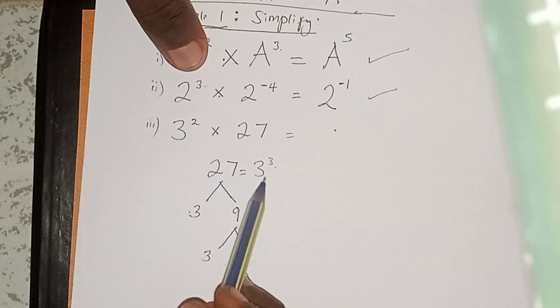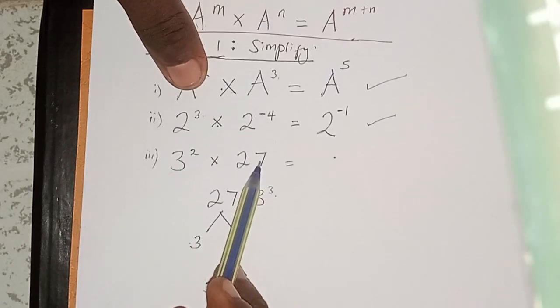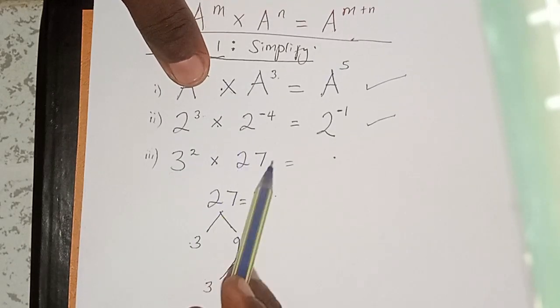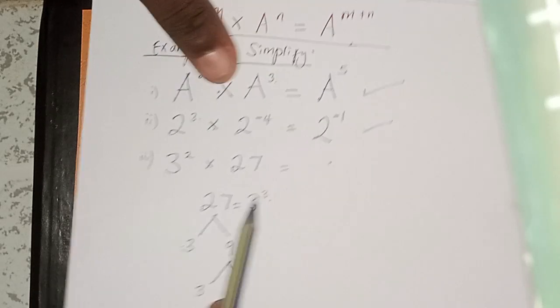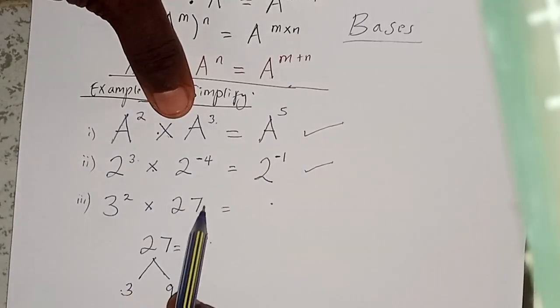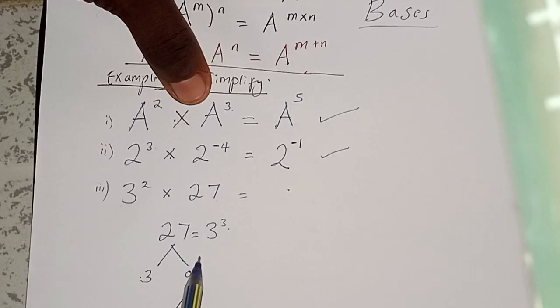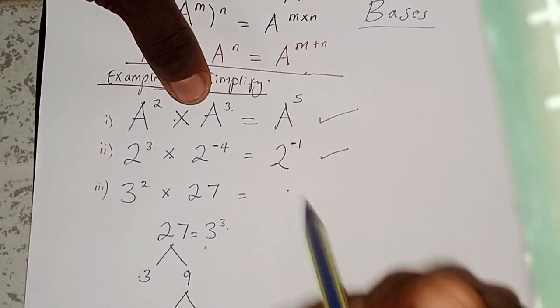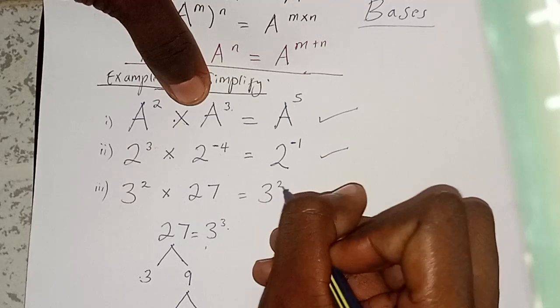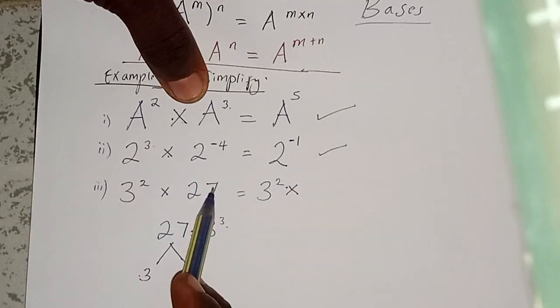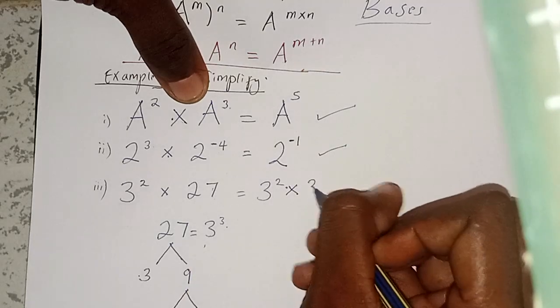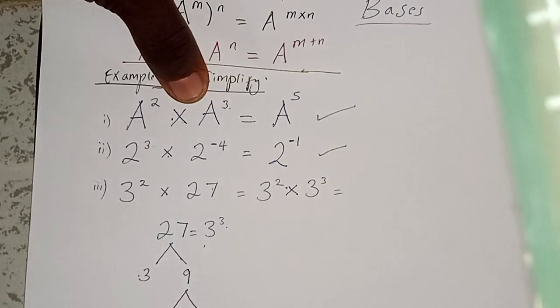So now, instead of 27 here, we are going to replace it with 3 power 3. Let us write the question again by replacing 27 with 3 power 3. We have 3 power 2 times 3 power 3.